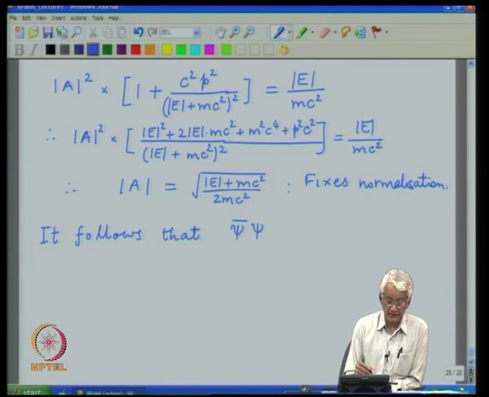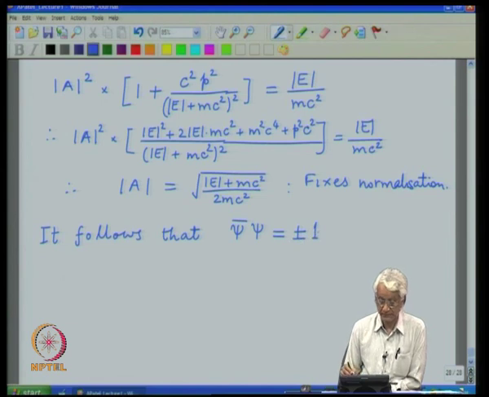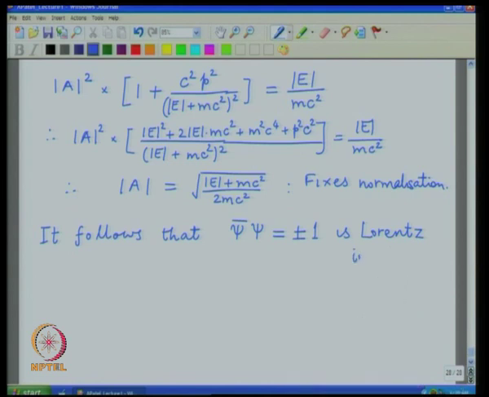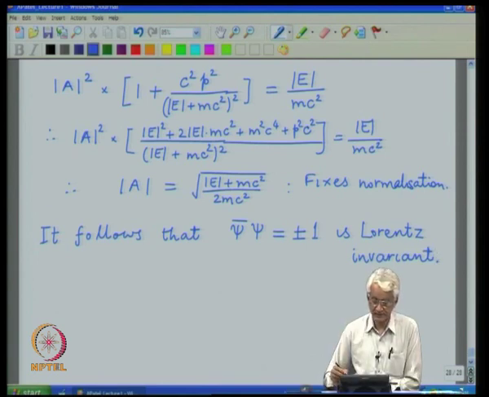The only difference is, instead of getting plus 1 here, it will have a minus sign, but this object turns out to be just 1 by this normalization convention, and that is convenient because this quantity is then Lorentz invariant, and we will have to make use of it in various applications later.